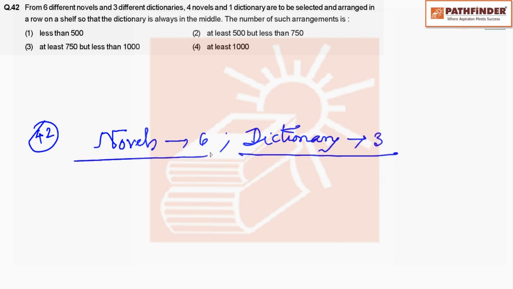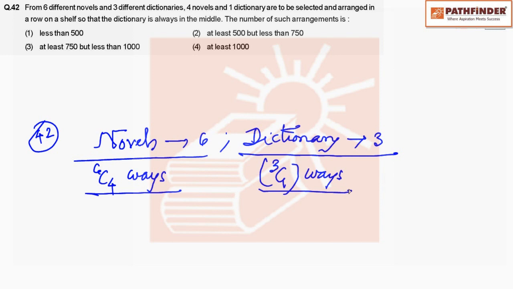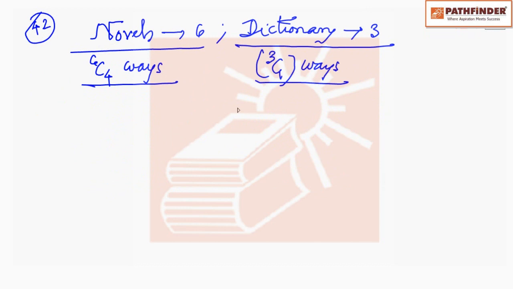So you can choose them in 6C4 ways and 3C1 ways. In these ways you can choose 4 novels out of 6 novels and 1 dictionary out of those given 3 dictionaries.